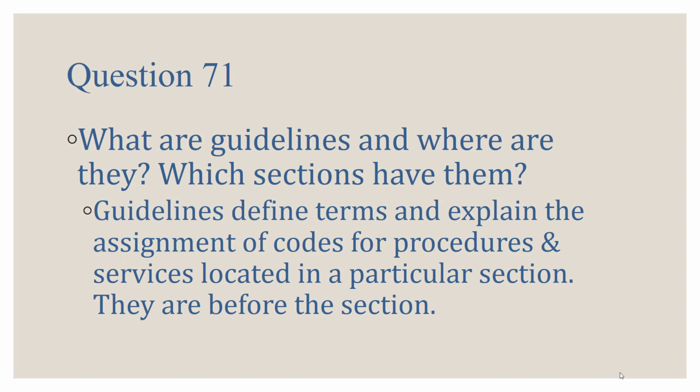Question 71. What are the guidelines and where are they? And which sections have them? Well, the guidelines define terms and explain the assignment of codes for procedures and services located in a particular section. These guidelines will be before the section.